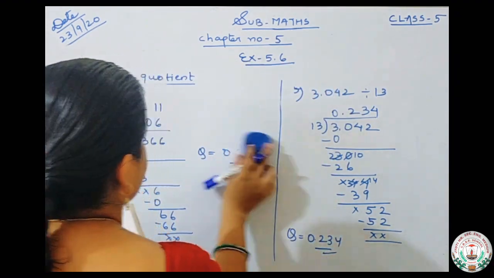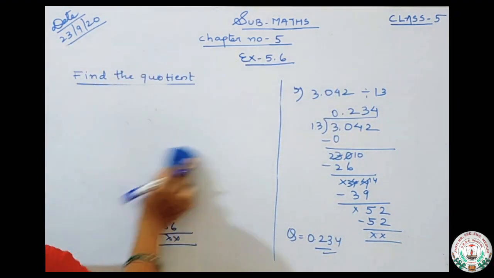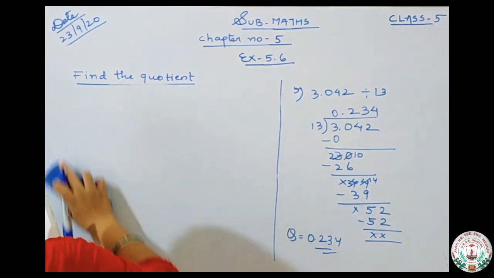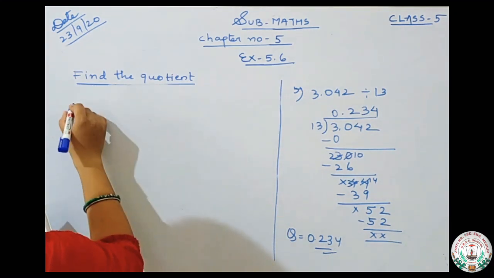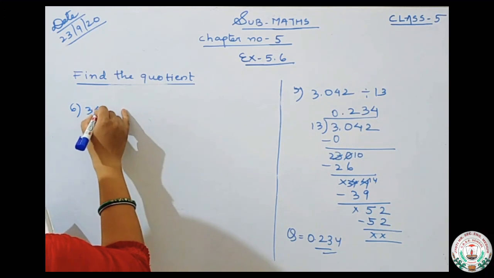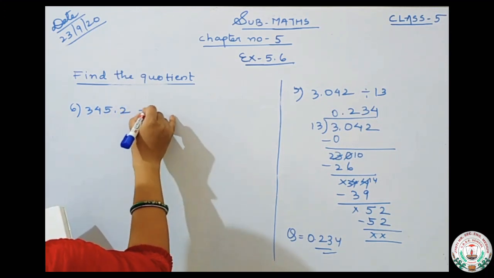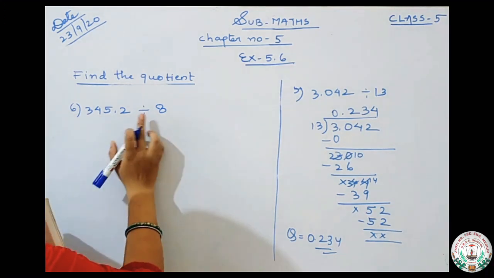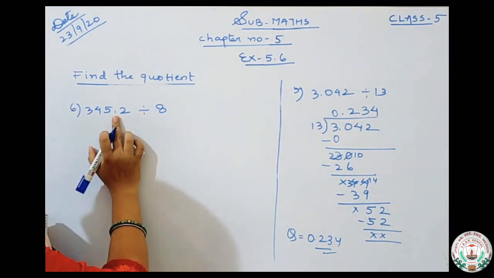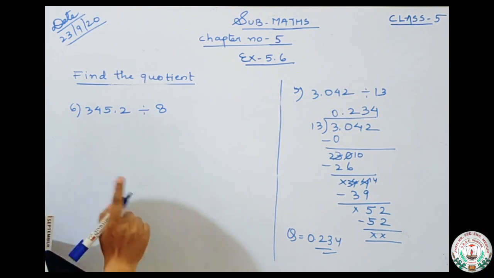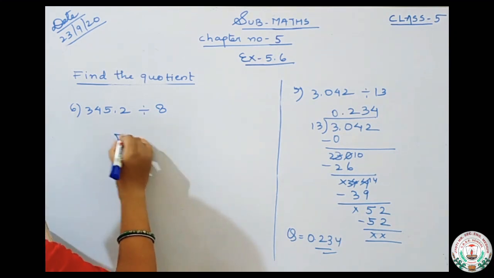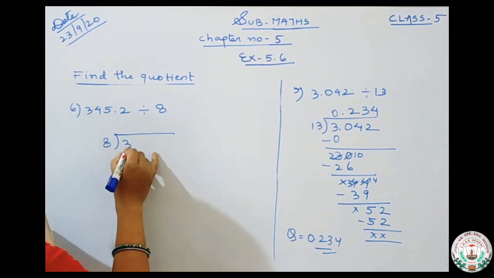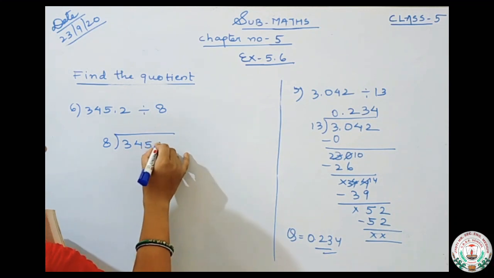Next, question number 6. Number 6 is 345.2 divided with 8. Now, in this question, the decimal is before the last number, okay. So the main important point is to put the decimal, okay. 8, 345.2.